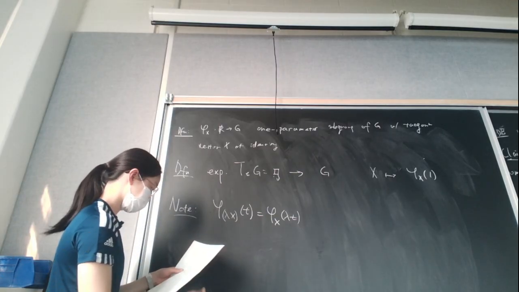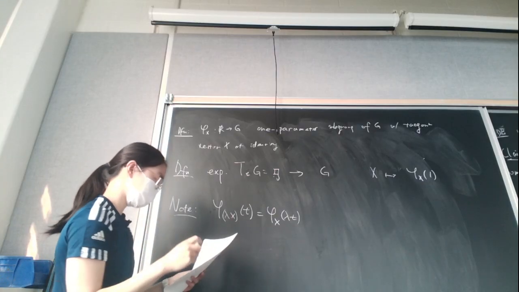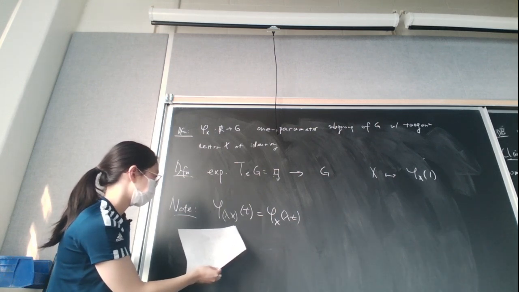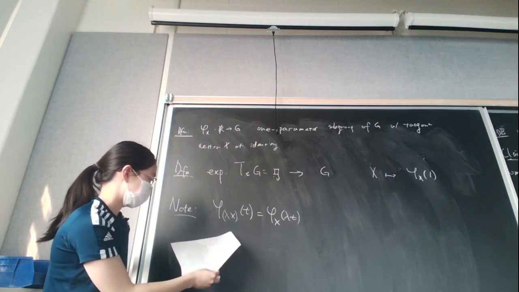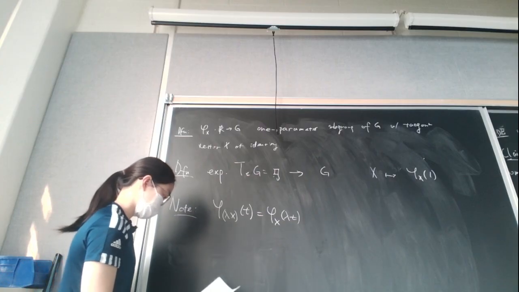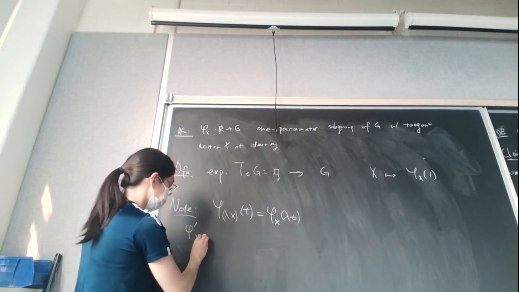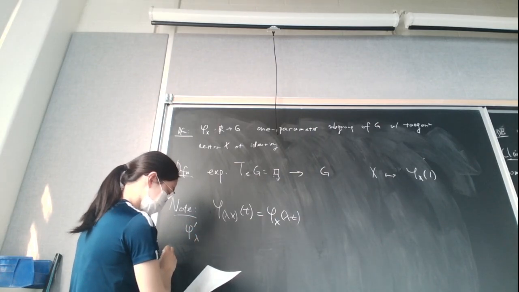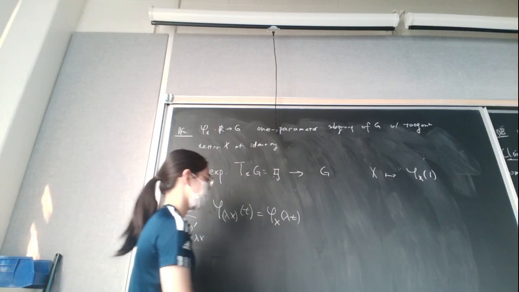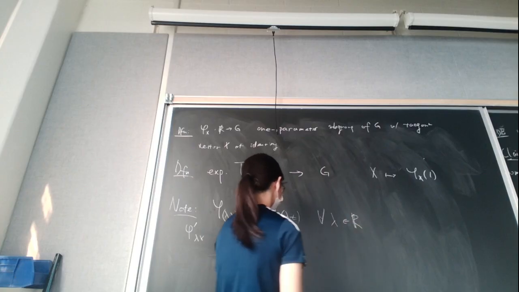The proof is by uniqueness, because it's uniquely determined by phi prime at 0. We're just going to compute it and show that they're the same. Lambda is just a real number, and x is an element of the Lie algebra.